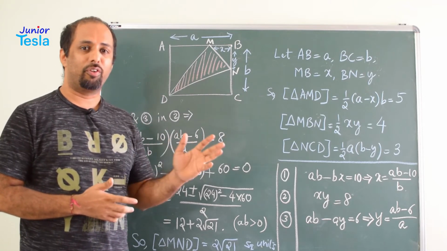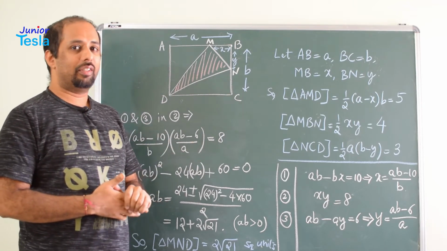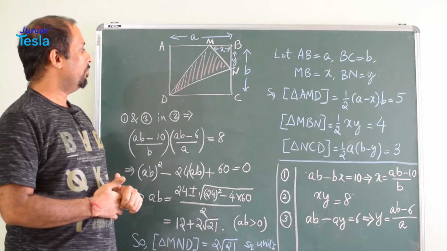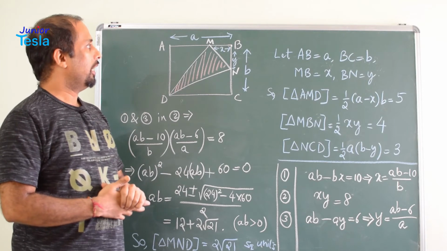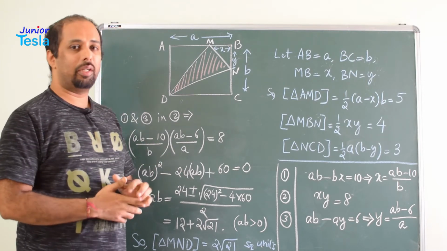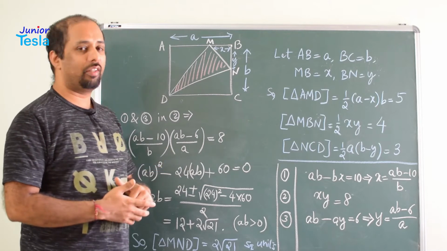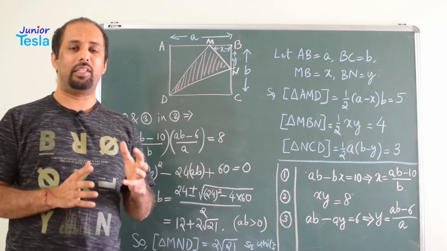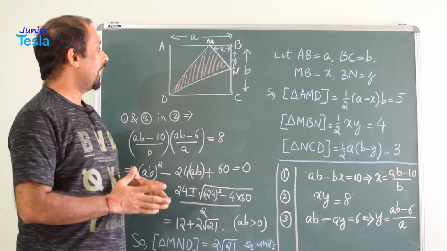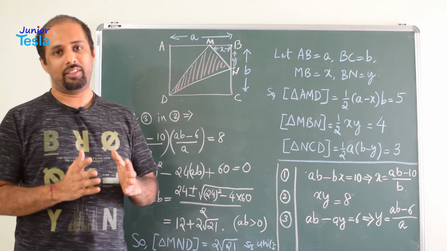So we have got 4 triangles now. The areas of 3 triangles are given. The first triangle AMD, its area is 5 square units. Area of MBN is 4 square units and similarly area of NCD is 3 square units. So the areas of these 3 triangles are given. You are supposed to find the area of triangle MND.